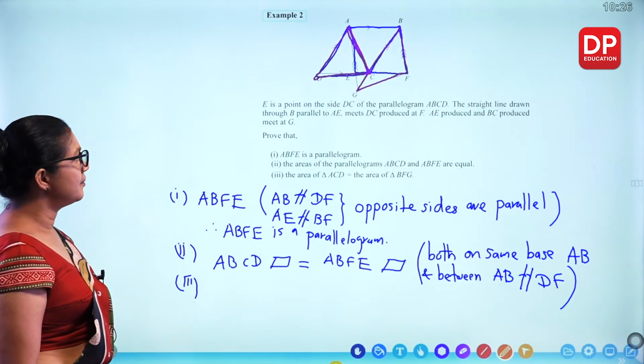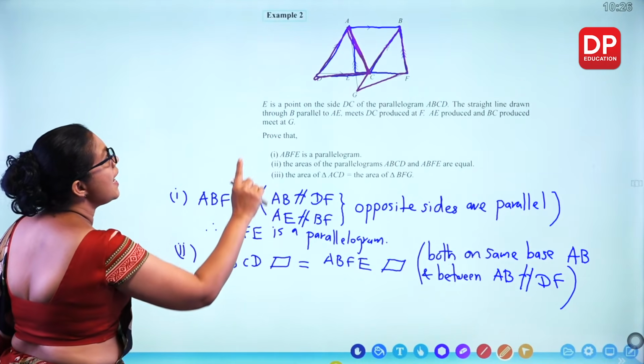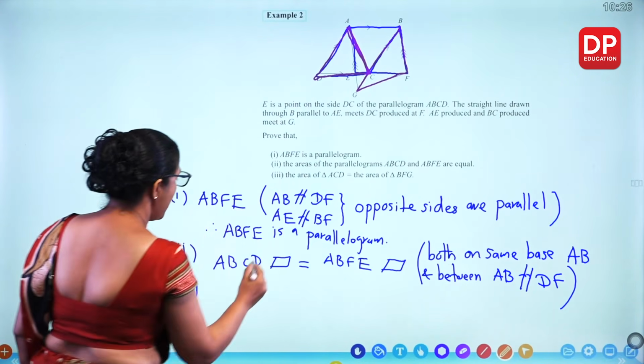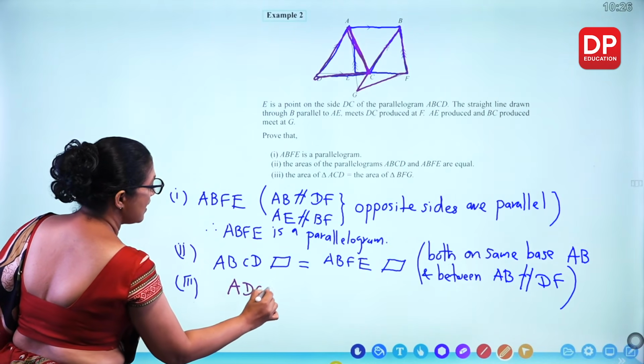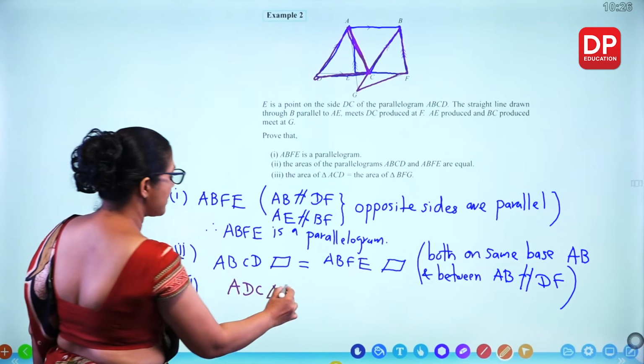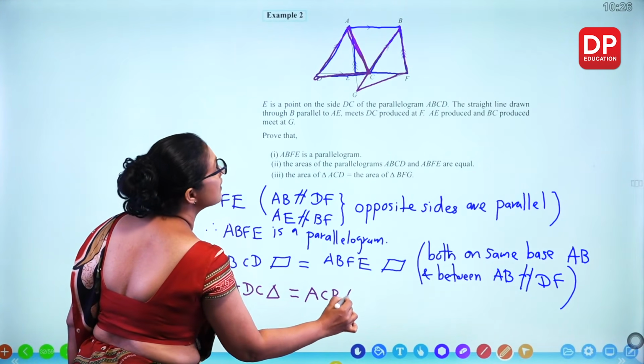We can say the ADC triangle is the same as the ACB triangle.